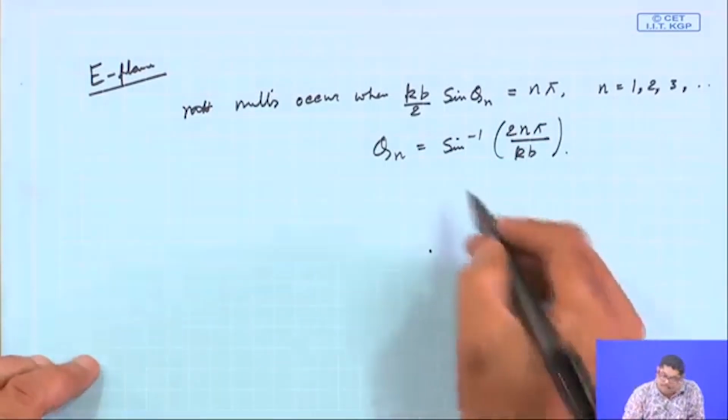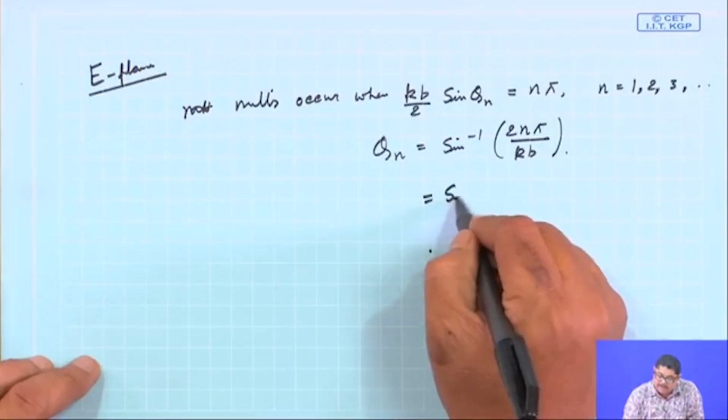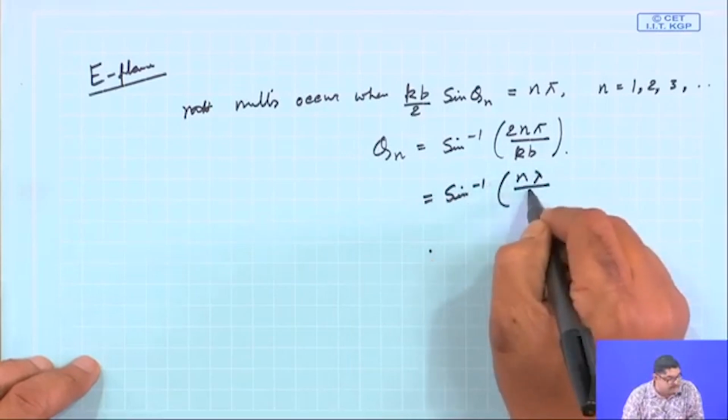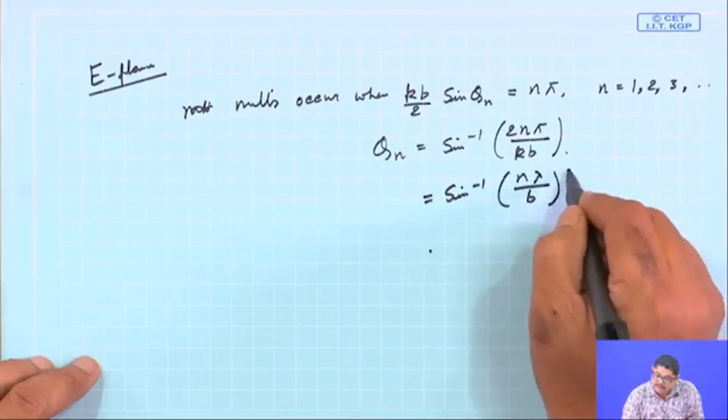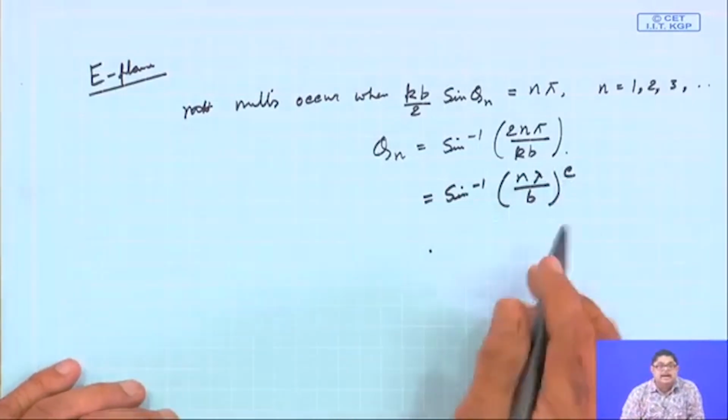If you put the value of k, which is 2 pi by lambda, it becomes sin inverse n lambda by b, and remember that this is in radian. Generally, the b's are taken much larger than lambda.